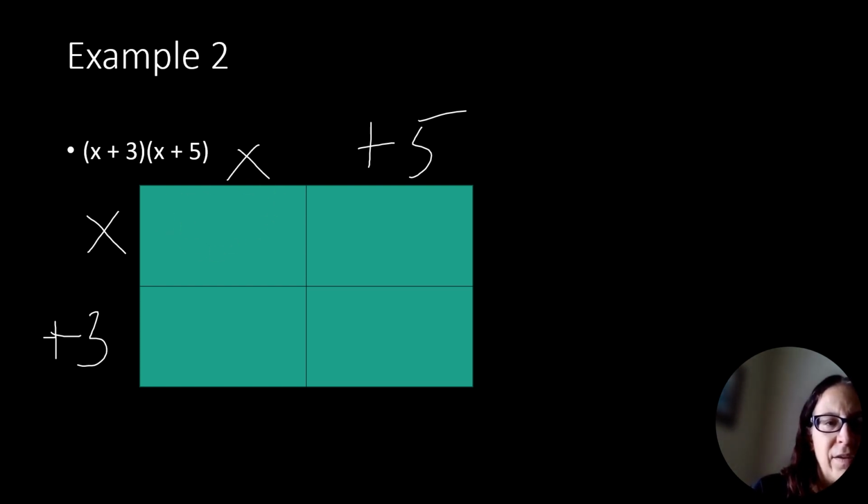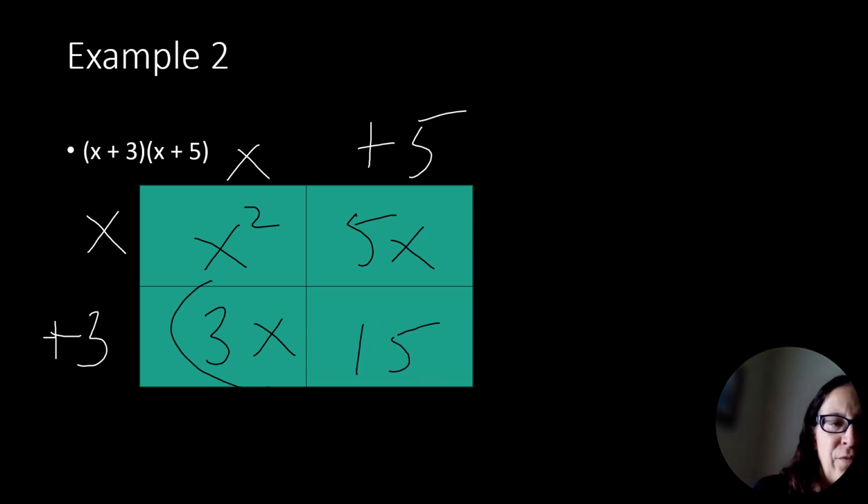X times x is x squared. X times 5 is 5x. 3 times x is 3x. And 3 times 5 is 15.